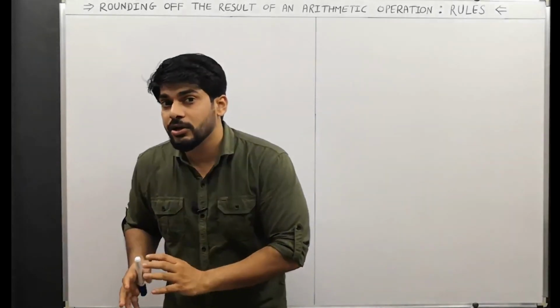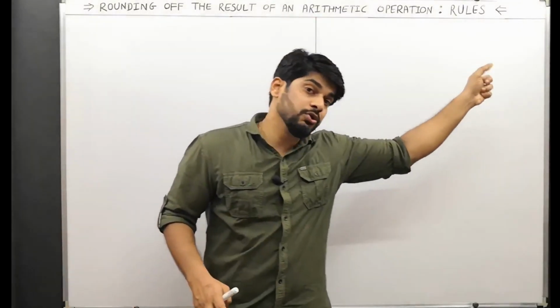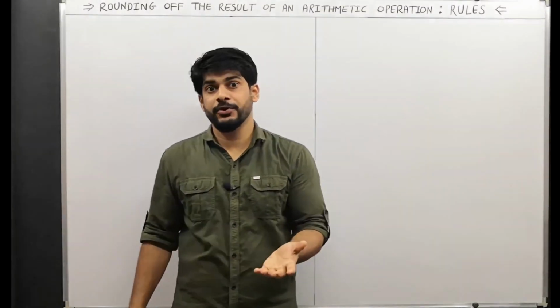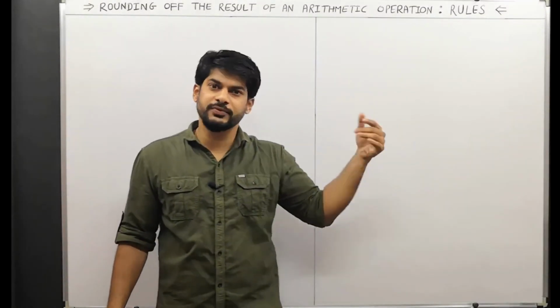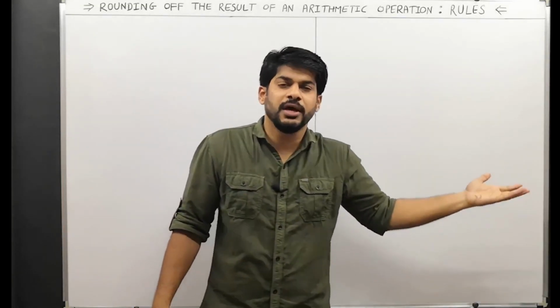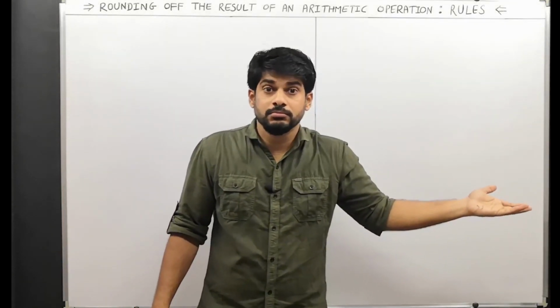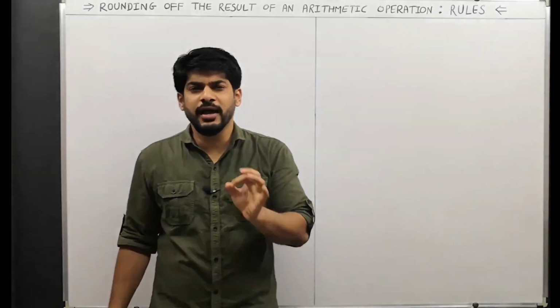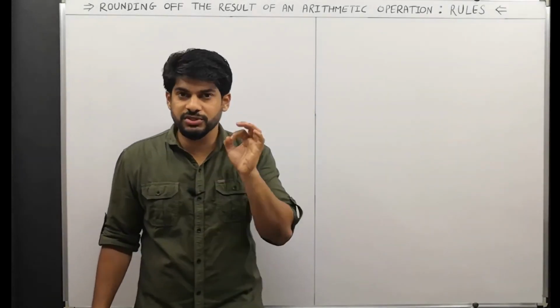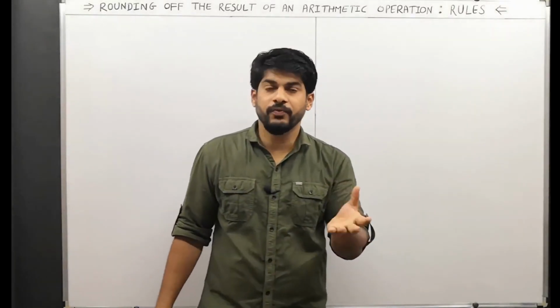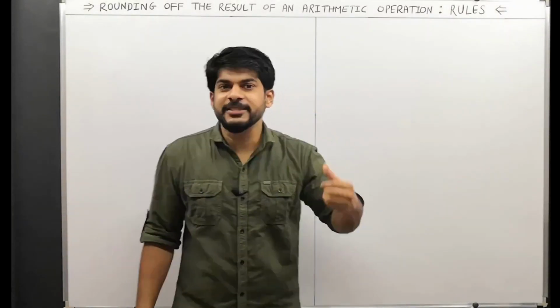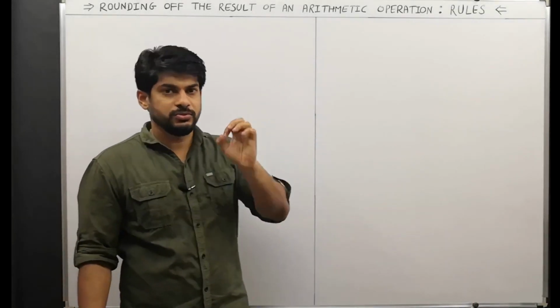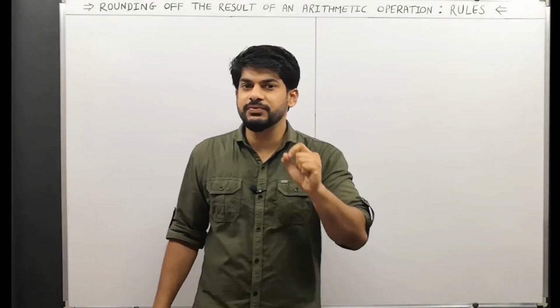Why don't we use the rounding off rules that we studied in our previous lecture directly? The answer is pretty simple actually. The question is 100% valid. The question is right, and the answer is even better.